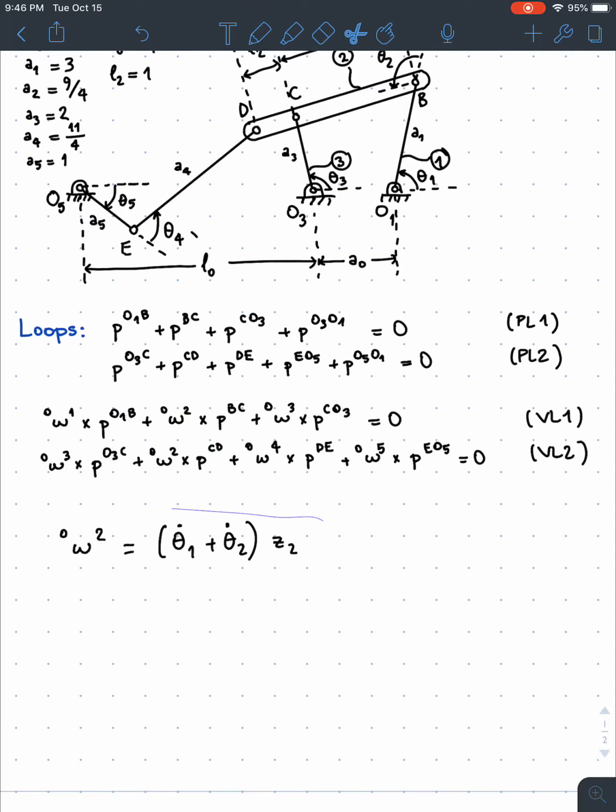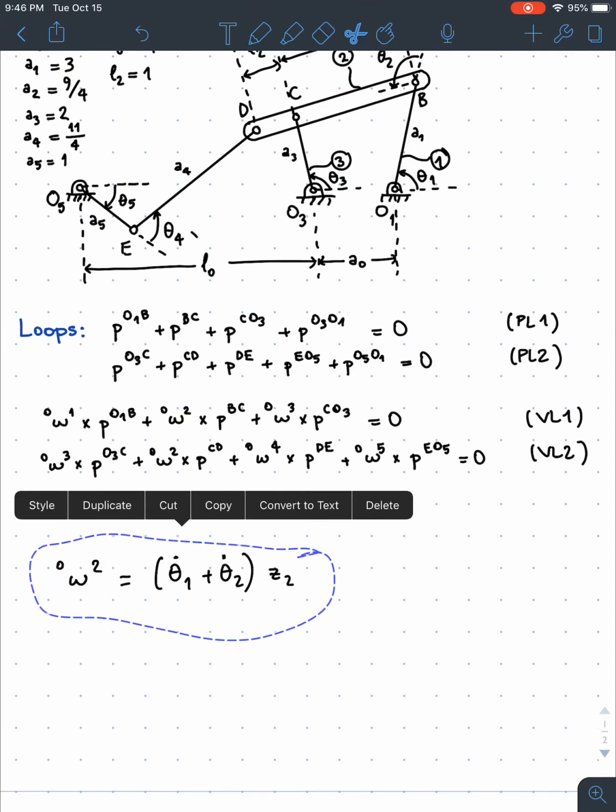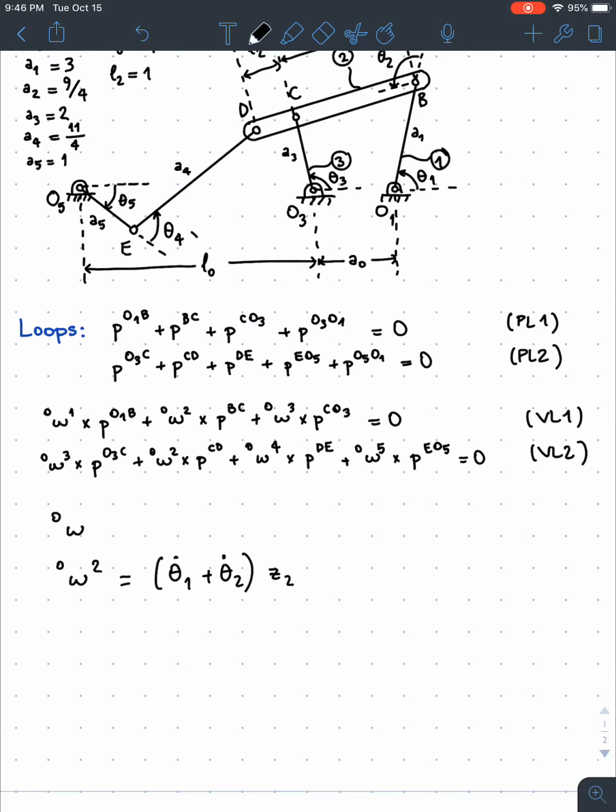Actually, to add to this, I can also mention that we had angular velocity of 1 in 0 is theta 1 dot z1. Angular velocity of 3 in 0 is equal to theta 3 dot z3. And angular velocity of 4 in 0 was theta 4 dot plus theta 5 dot in the z4 direction.